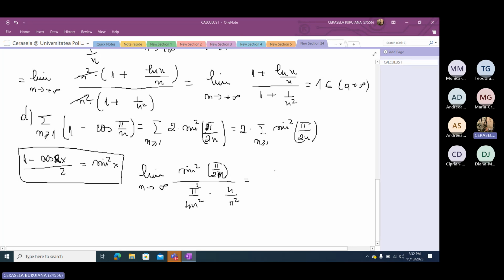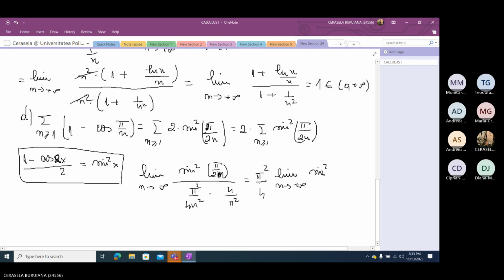Okay. That's actually pi squared over 4 times the limit when n goes to infinity of sine squared of pi over 2n over pi squared over 4n squared.